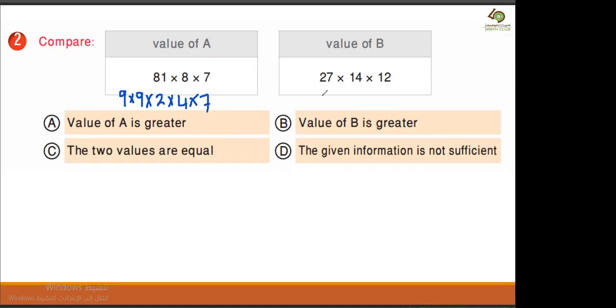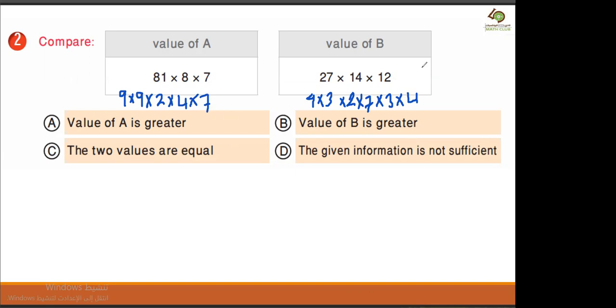And 27, what is it when you factor it? It is 9 times 3. What about 14? It is 2 times 7, right? And what about 12? It is 3 times 4, right? And you simplify.